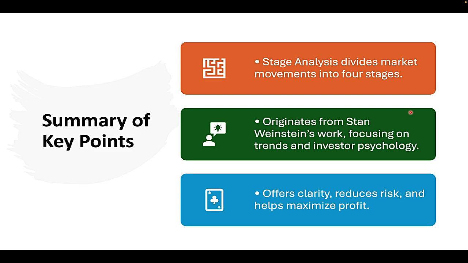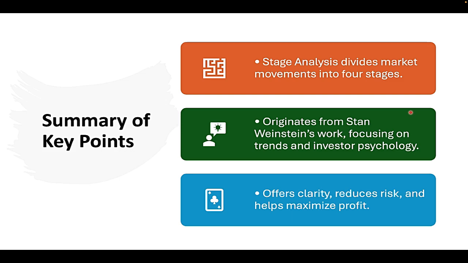Let's summarize the key points. Stage analysis divides market movements into four stages: stage 1, stage 2, stage 3, and stage 4. Stage 1 is nothing but the basing, accumulation phase. Stage 2 is the riding stage where people are buying and it's an uptrend.